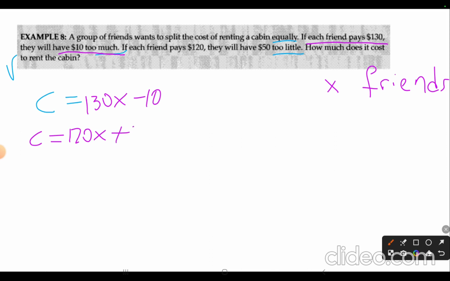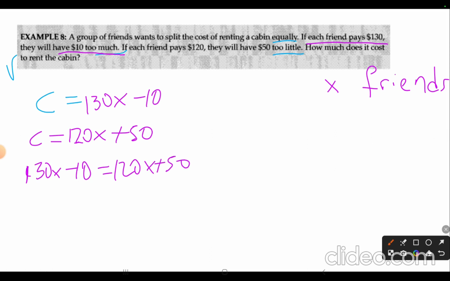So they should add $50 more to cover the cost. And it is the same cost, that's why we equalize these two. 130x minus 10 equals 120x plus 50.